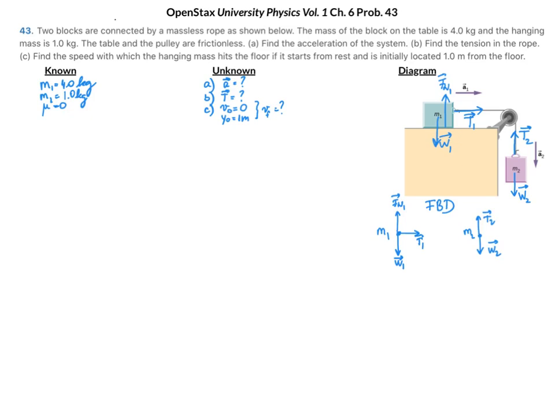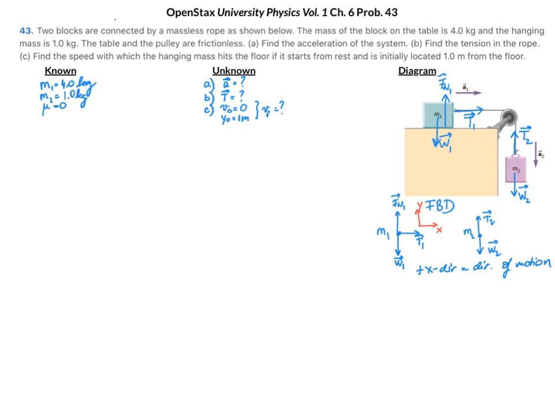Now, it is a very good practice to use the direction of the acceleration as your positive x-axis. So the direction of motion of the objects will be your positive x direction. So plus x direction is direction of motion. So I'm going to draw this as my positive x, and perpendicular to it, I'm going to have my positive y.